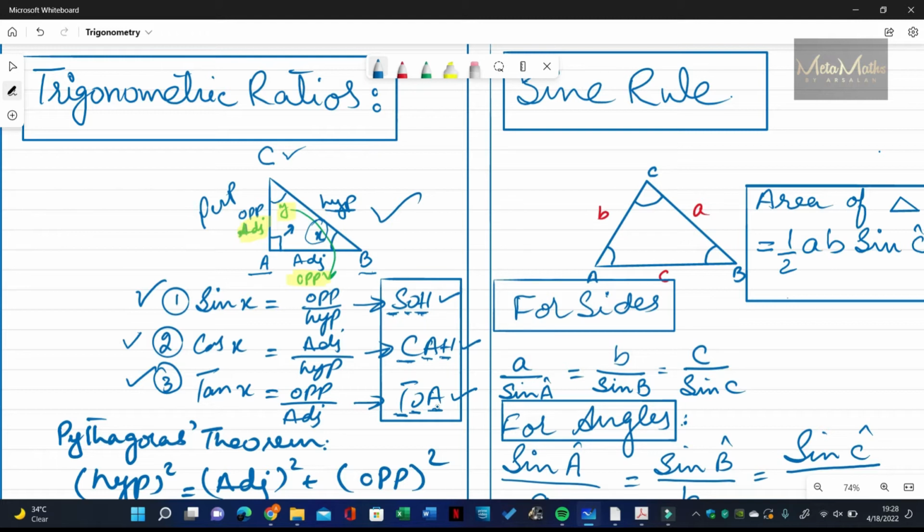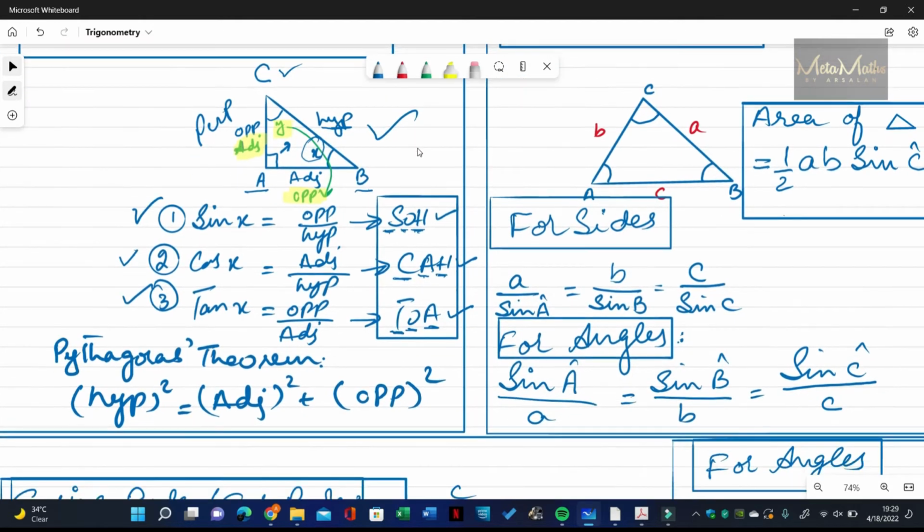Along with these three trigonometric ratios, we can also apply the Pythagoras theorem, which is applied on a 90 degree triangle, right? It is simply hypotenuse squared is equal to adjacent squared plus opposite squared. It's a very common formula for finding the length, right?